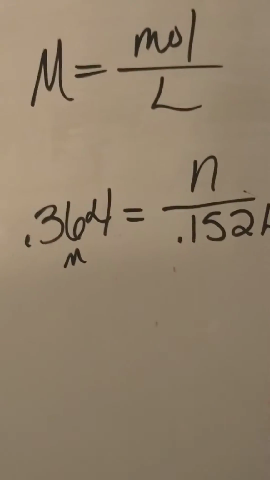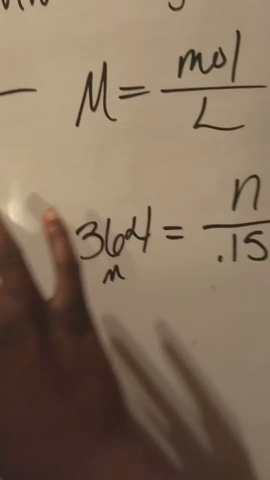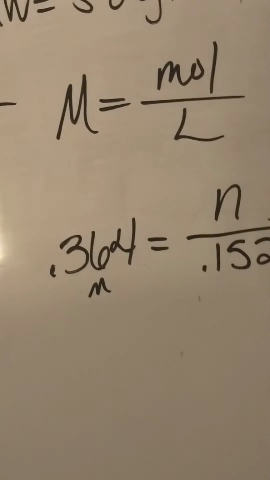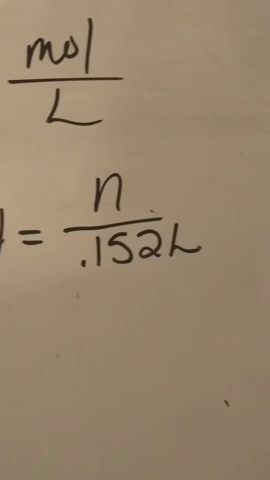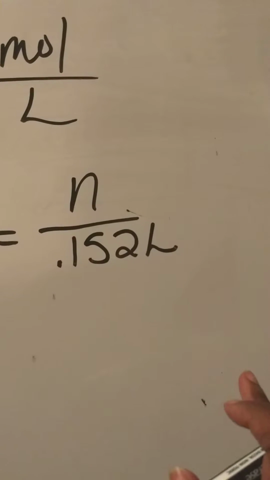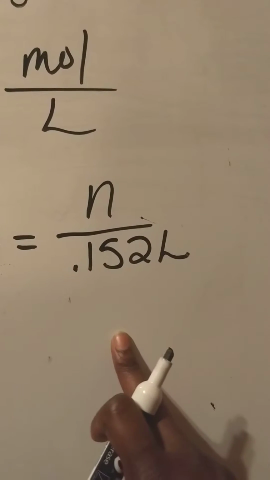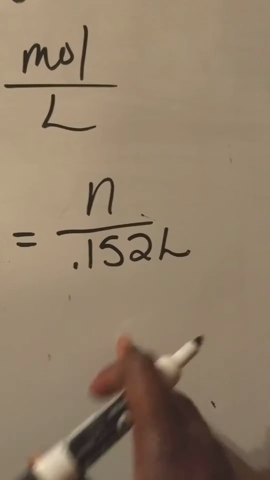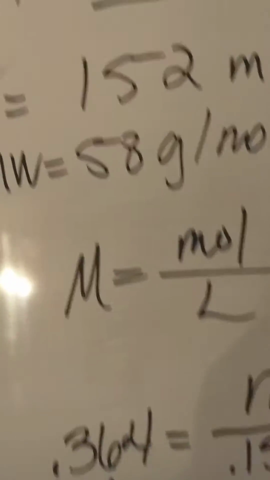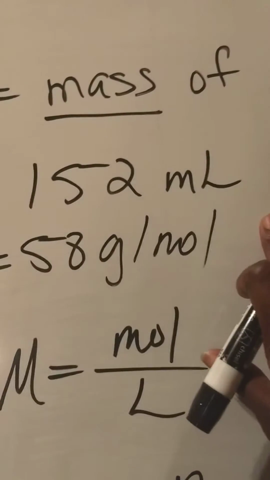There are probably two questions that you have about this equation. Question one might be, where did you get the 0.152 liters, and more importantly, where did you get liters from? The information that they gave us is milliliters.